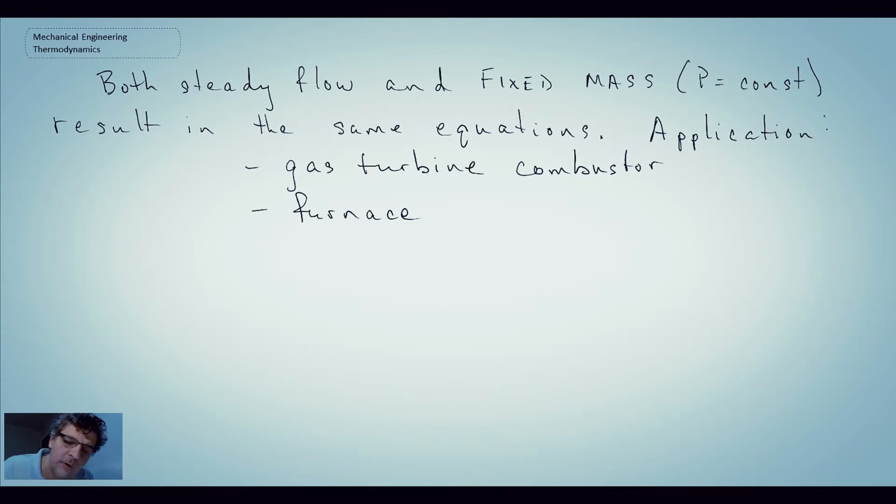The place where you'd be able to apply this equation, especially for steady flow, would be gas turbines, such as the Brayton cycle, which we said was a constant pressure combustion process, or a furnace, and that would enable you to get the adiabatic flame temperature.